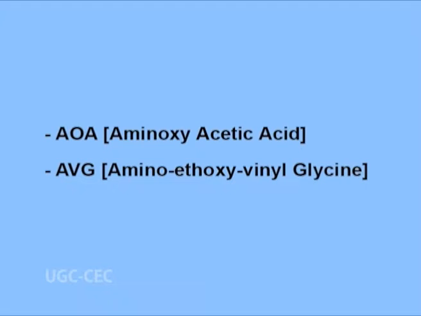In climacteric fruit ripening, ripening can be delayed or inhibited by the application of chemicals like AOA, that is aminooxyacetic acid, or AVG, that is aminoethoxyvinylglycine, which can inhibit the biosynthesis of ethylene.